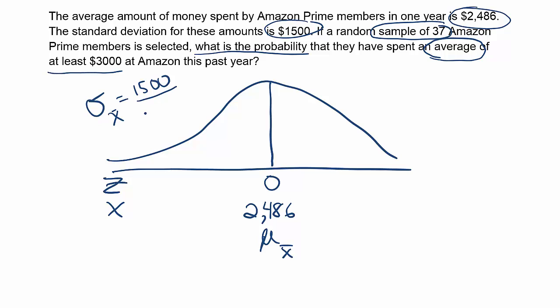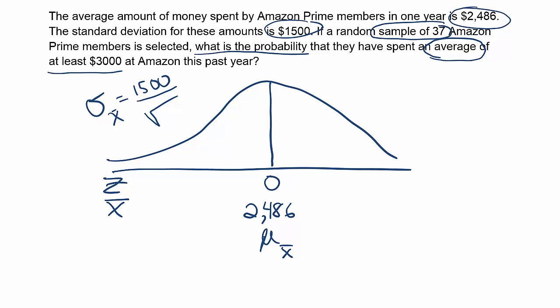Now basically, working with the bell curve here is going to be the same as working with the bell curve in those previous problems where we used it to find probability. The only difference is that here, this number line at the bottom is not x, it's x bar, and therefore we have to have a standard deviation for x bar. So the only real difference is the x bar and the fact that the standard deviation for x bar is not the same as the standard deviation they gave us.